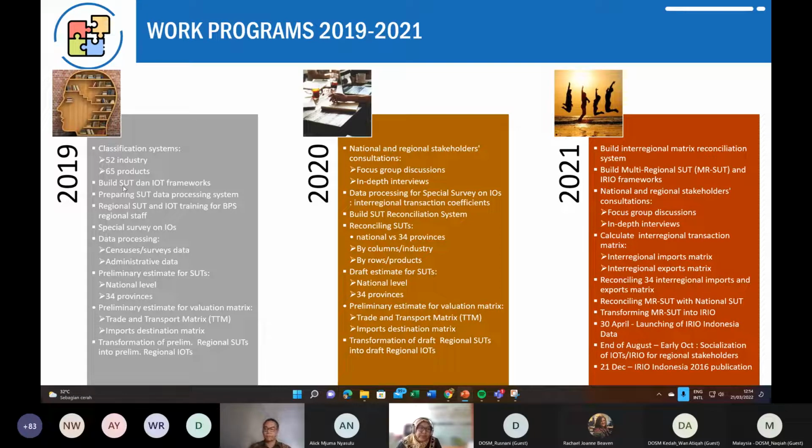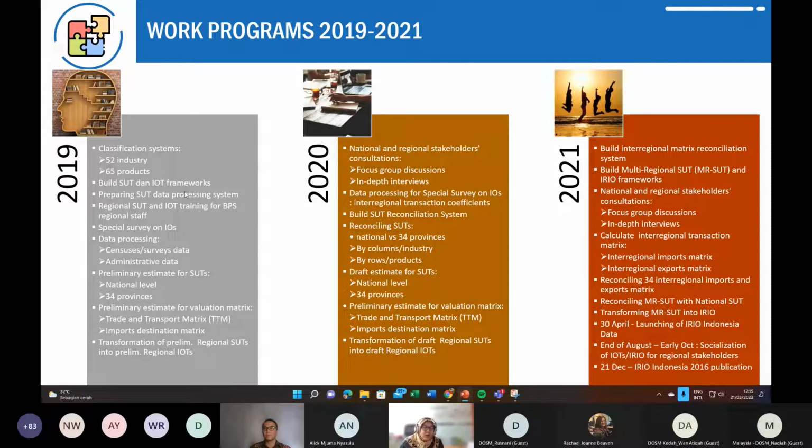And then we built the framework for SUT and IO table compilation process. And then there is a preparation of data processing system, because there is so many data that we need to get together into this framework.